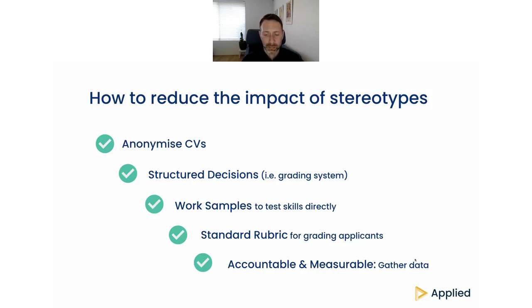The last thing is to make your recruitment process measurable and accountable. So you gather data from the above on how people are interviewing others, and you make interviews a lot more data-driven, so that it's no longer acceptable to say, "I just didn't really like him or her. I didn't think they would fit in with the team," for example.